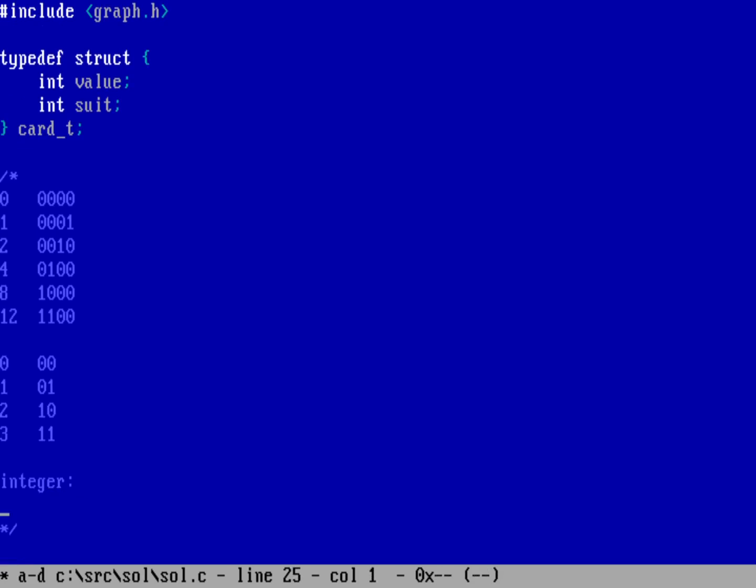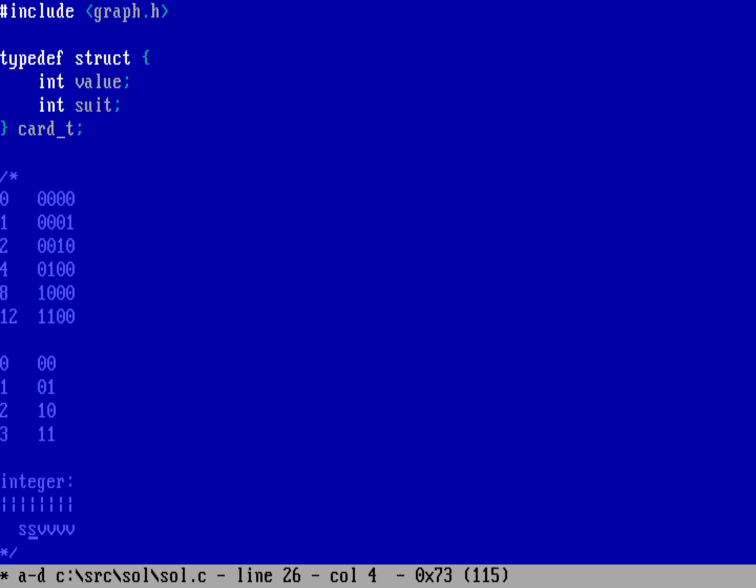So it's going to be 1, 2, 3, 4, 5, 6, 7, 8. Those are the 8 bits. Well, really, 2 of the bits are going to be the suit, and then 4 of the bits are going to be the value, which, by the way, leaves 2 bits at the beginning that I don't really need for anything.